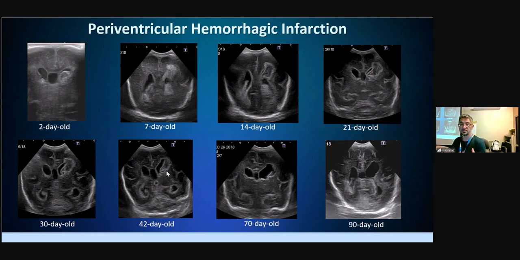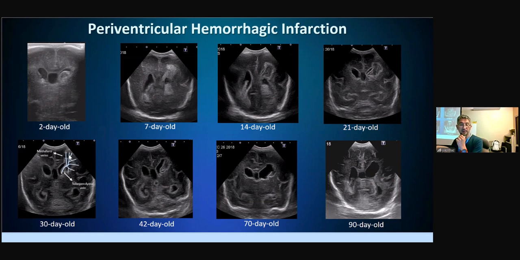Then this infarcted brain is gone, leaving a cyst, which is called a porencephalic cyst, and it always communicates with the lateral ventricle. And eventually, at the 90-day-old ultrasound, we can see a porencephalic cyst merge with the lateral ventricle here. So these neurons are gone.